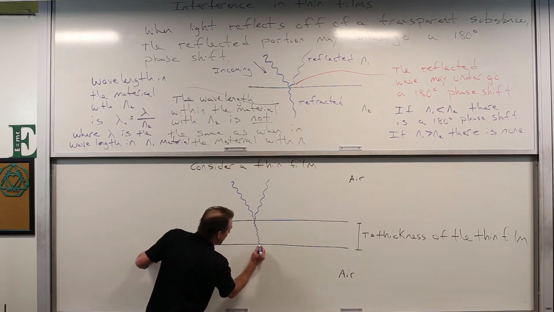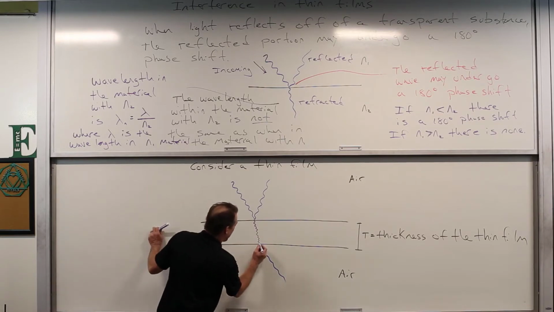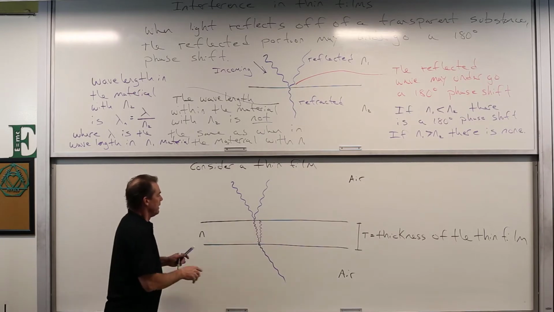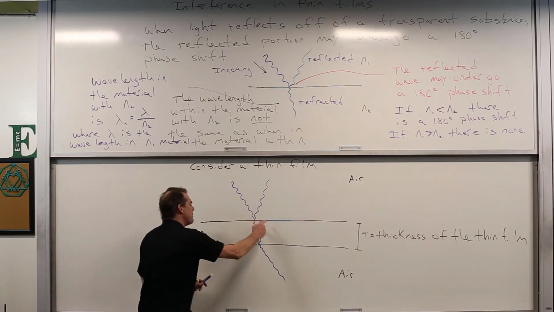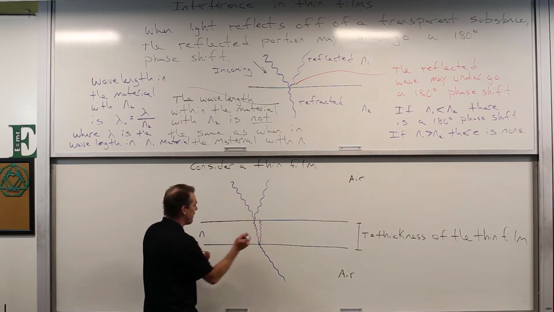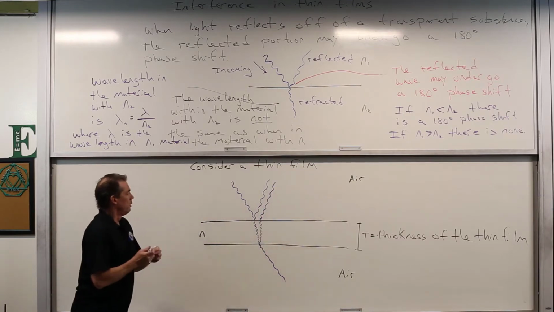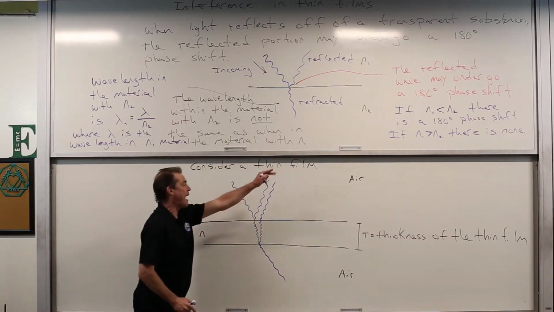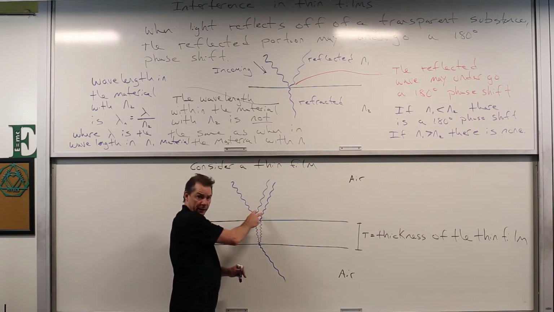The one that transmits back through into air comes back out into its original wavelength, and the one that reflects off goes like this, and then it is going to refract back out into air. Some's going to reflect off, I'm not going to worry about that right now. But this one's going to refract back out into air. And these two rays would be parallel to one another.